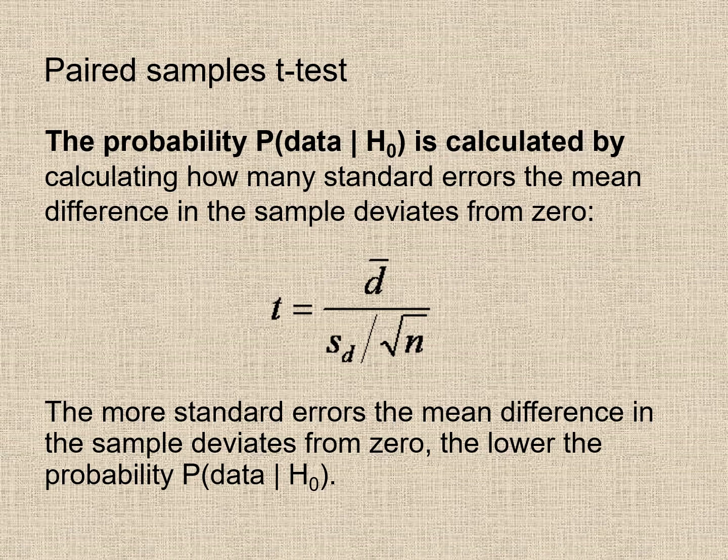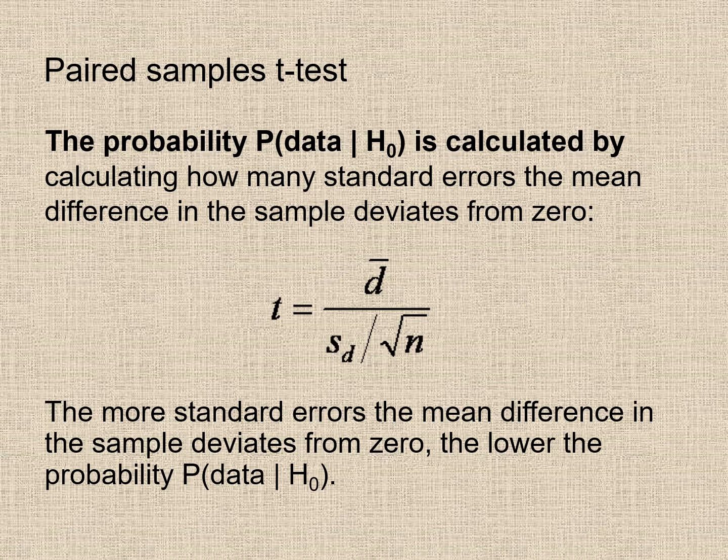If we would like to emphasize that this is exactly the same formula as the one sample t-test, we could also in the denominator add -0. But it's been omitted here because usually, or almost always, when you conduct a paired samples t-test, the tested value is 0.